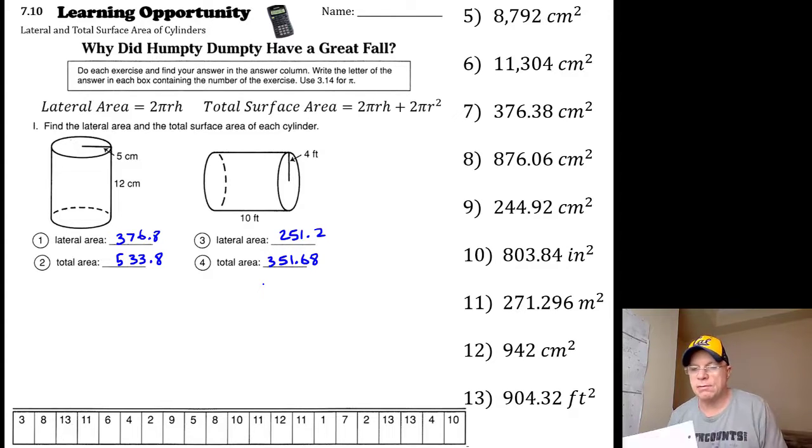And 13 is 904 and 32 hundredths feet squared.